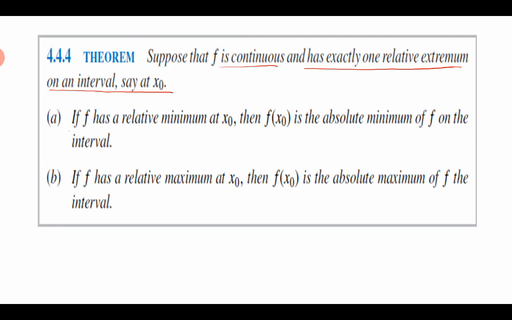That relative extremum can be a minimum. If the relative extremum is a minimum, then substituting x0 into the function gives the absolute minimum of the function in the interval. In a similar way, if that is a maximum at this point, substitute it and you will get the absolute maximum.